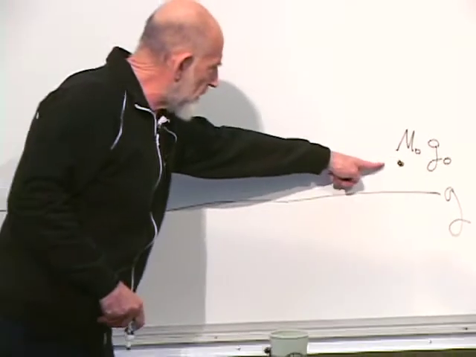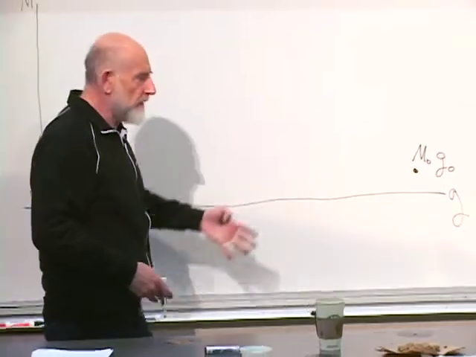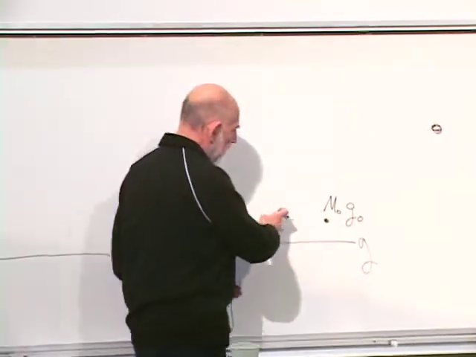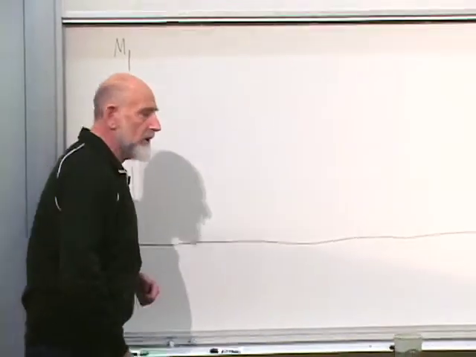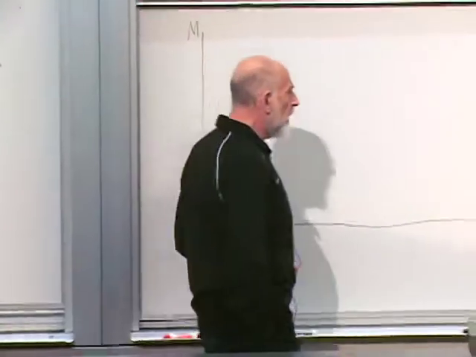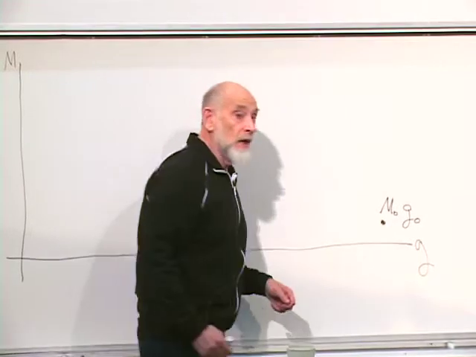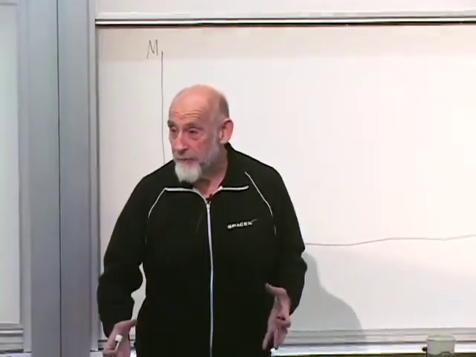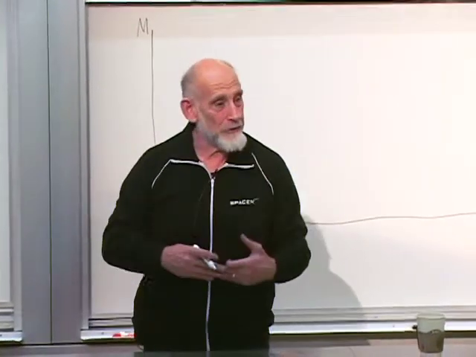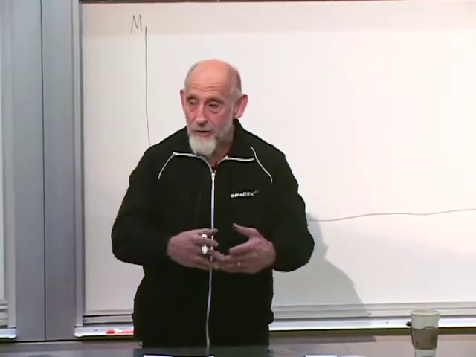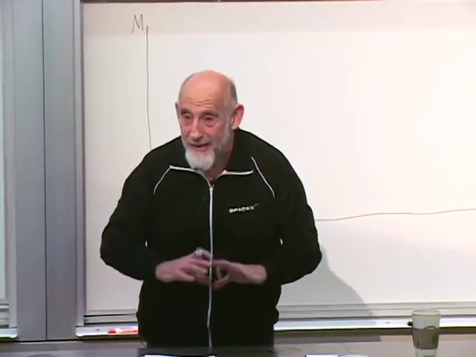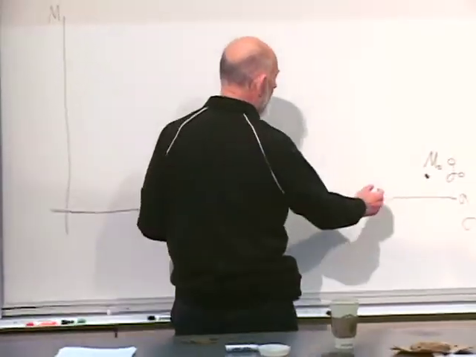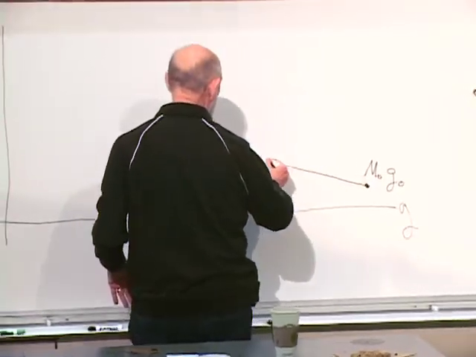We take this object, here it is, and we start decreasing G. What happens to the mass as we decrease G? As we decrease G, the negative gravitational energy disappears. So the mass increases, because we're deleting the negative gravitational binding energy. And so the mass starts to increase.